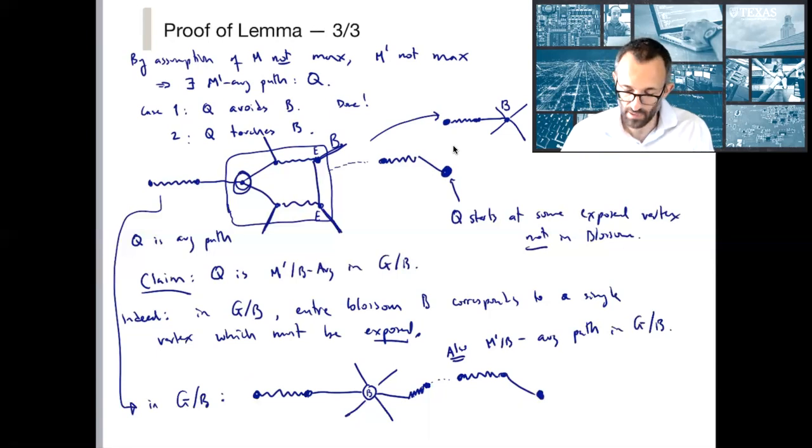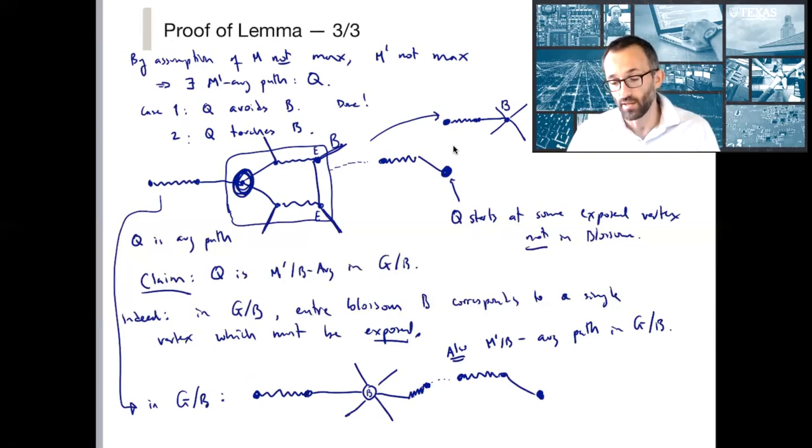And so again, the key point is that all of the edges leaving B, leaving any node in the blossom, have to be unmatched. And so no matter how that path Q was coming in, it was arriving at some node in the odd blossom through an unmatched edge.